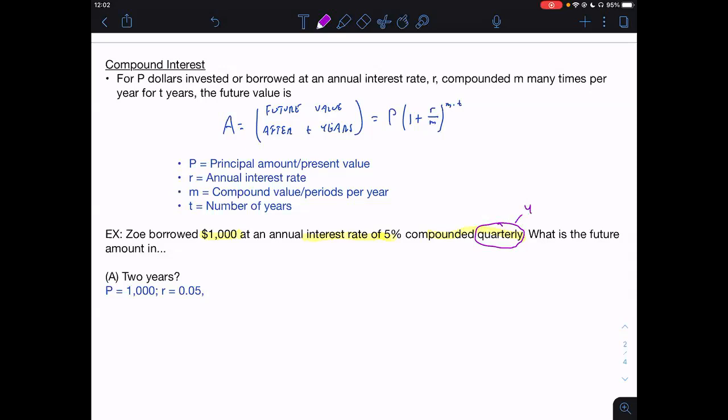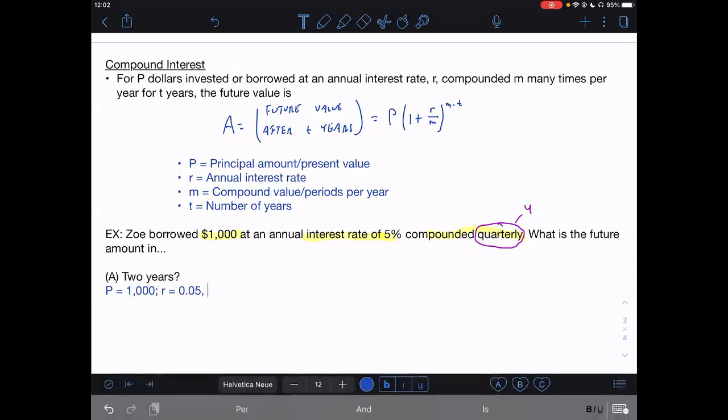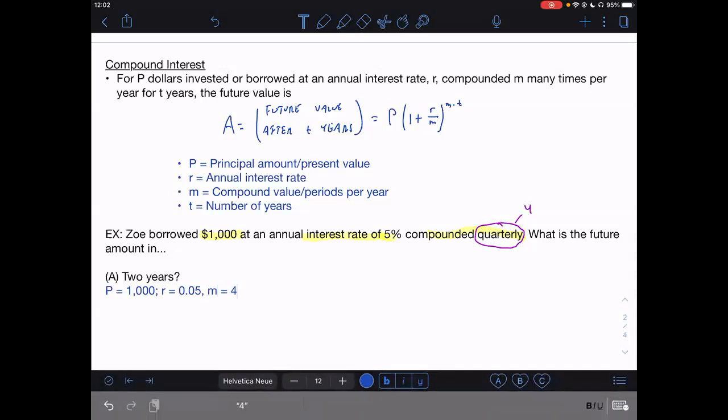This means 4 times. Quarterly, 4. Monthly, 12. Weekly, 52. And so on. We look out for those keywords to determine what your value of M is going to be. So in this case, M will be 4, we're going to break up this interest rate 4 times per year.